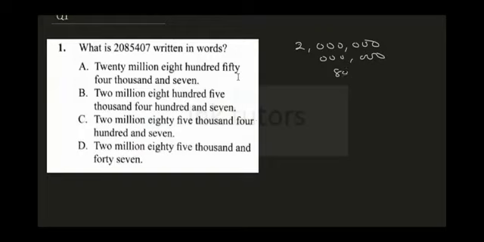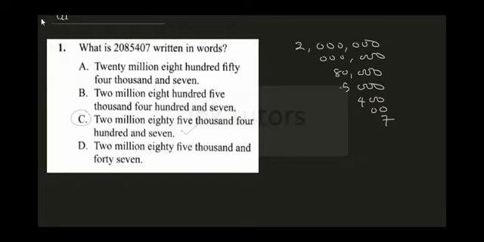Next one is 80,000, and the next one is 5,000. The next is 400. We have 0 tens and 7. So from here you can dictate that this is 2,085,407. So from here I can see my correct answer is going to be what? That's C.